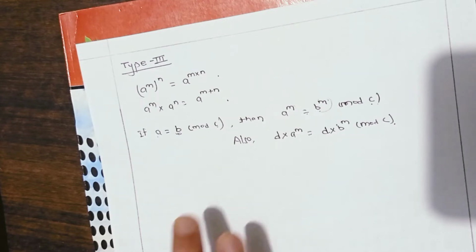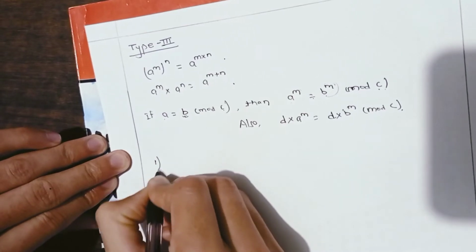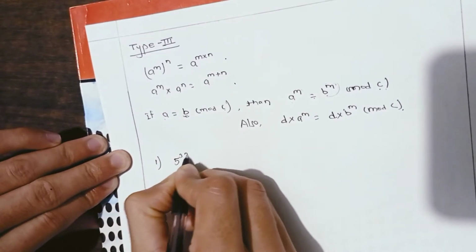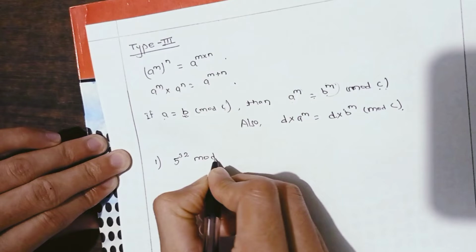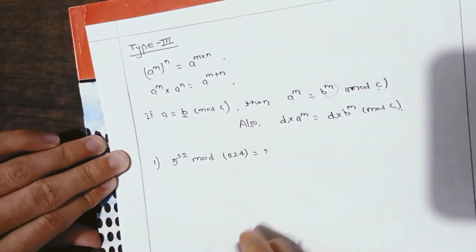Now let us take the example. Example number 1. 5 to the power 32 mod 224 equals what?